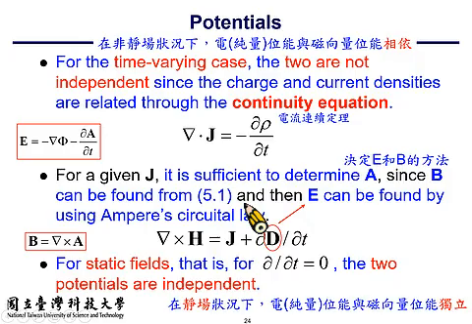However, in the study of electromagnetics, the charge and the current can be treated separately. But we also know that the relationship between rho and J, the charge and the current, can be related in terms of the so-called continuity equation. That is, the divergence of J equals minus the time derivative of rho.